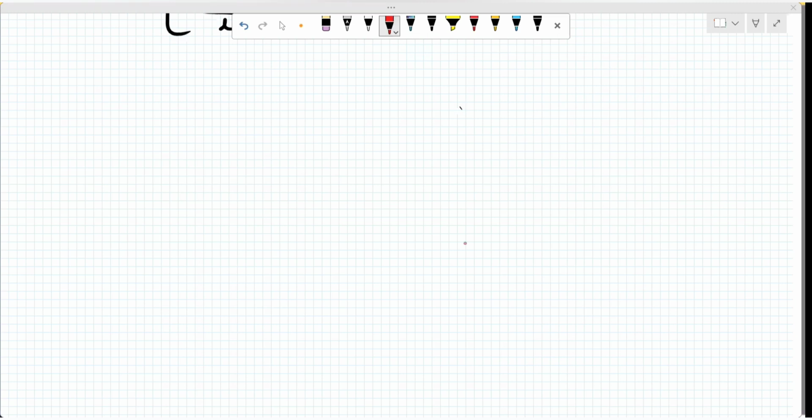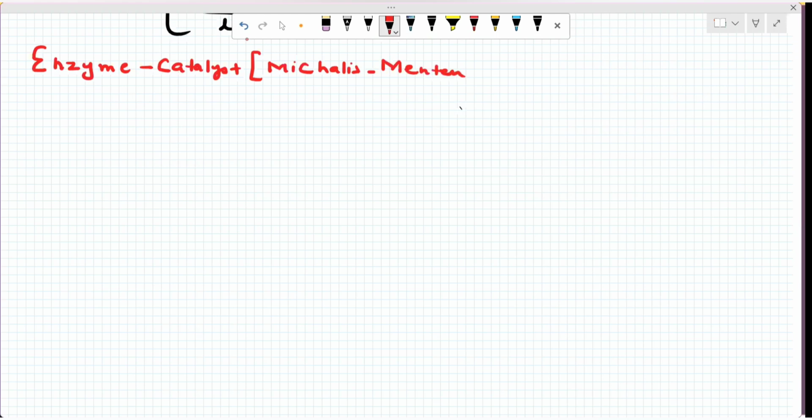Please note, that is enzyme catalysis, in the name of the Michaelis-Menten equation. Surely a theory, numerical, or graph-based question will come.